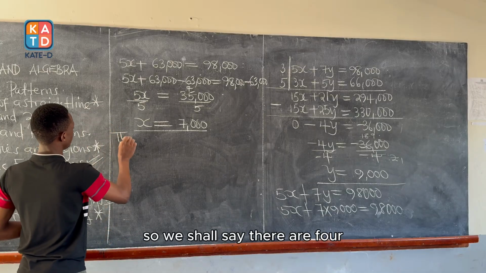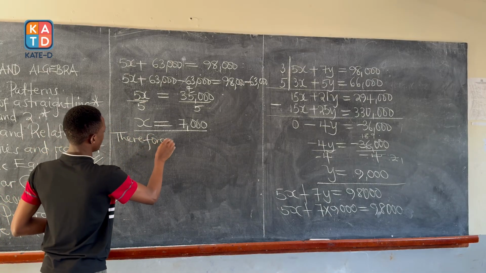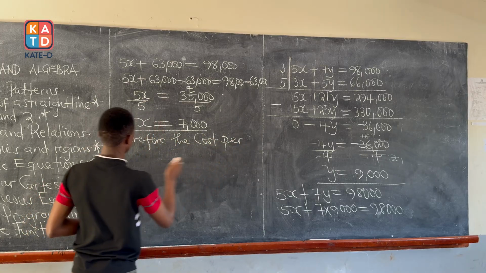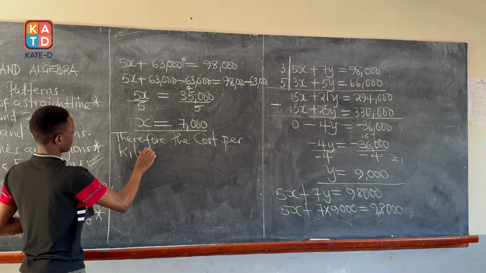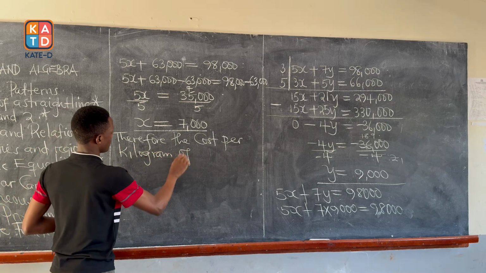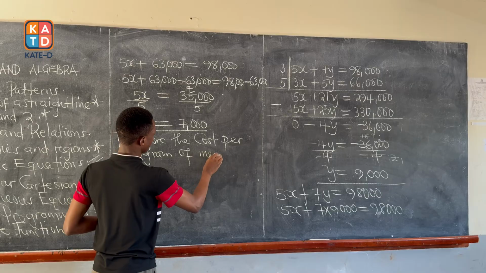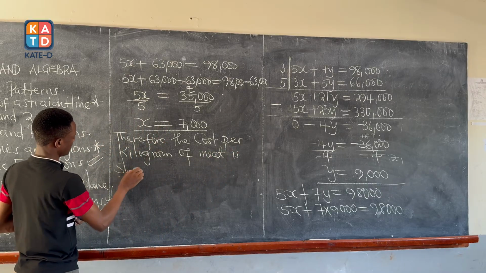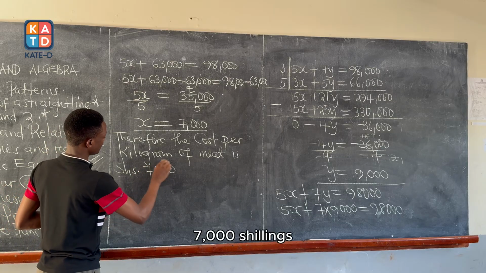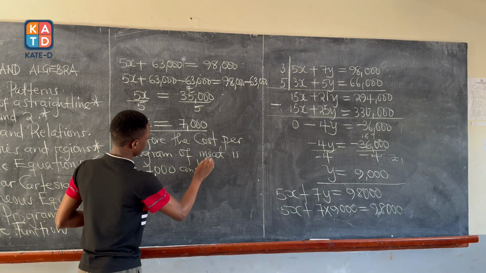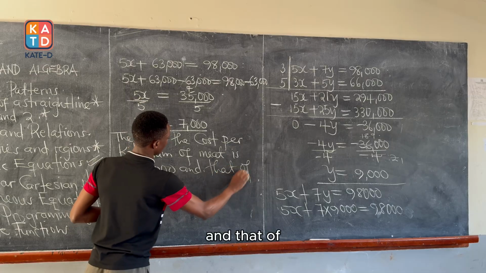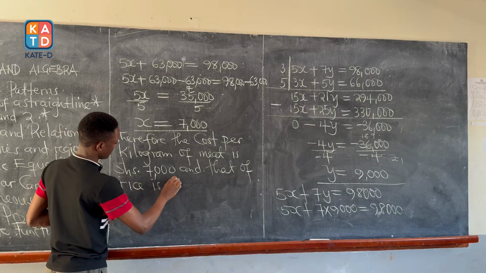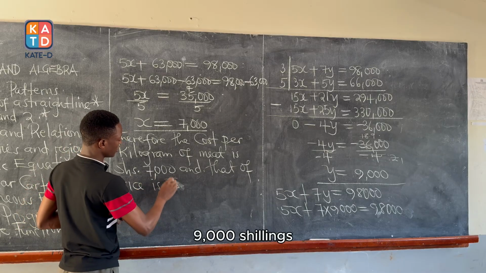So we shall say therefore the cost per kilogram of meat is 7,000 shillings, and that of rice is 9,000 shillings.